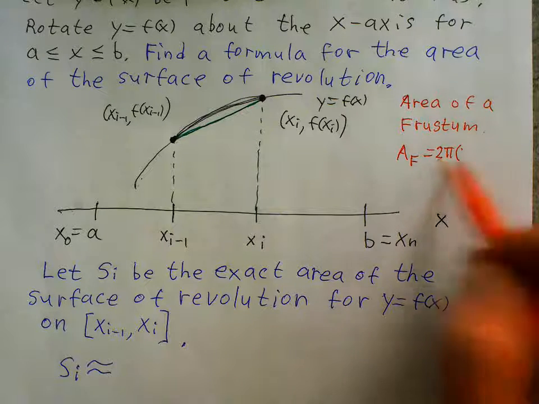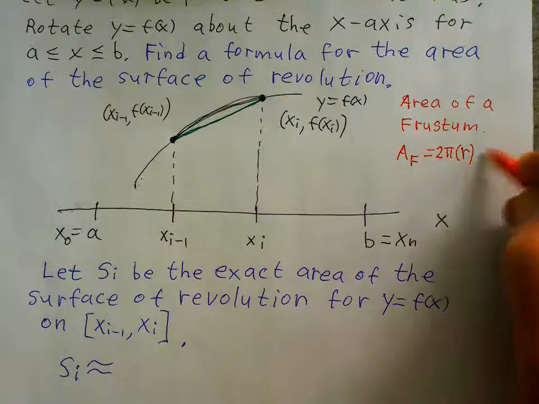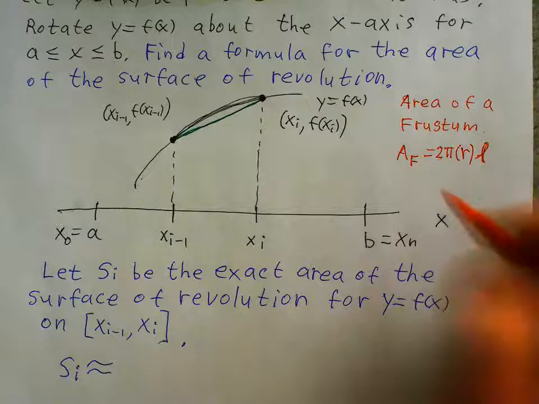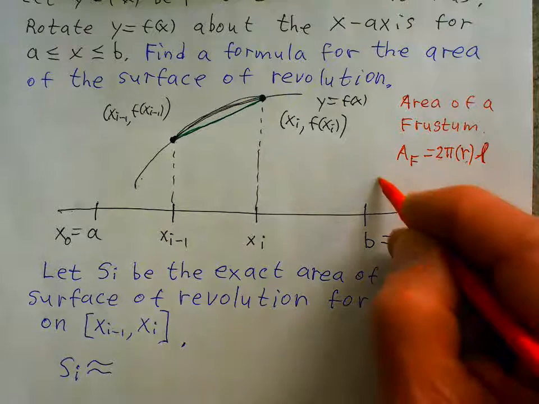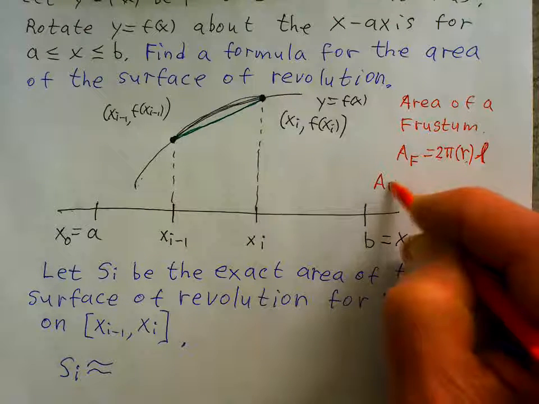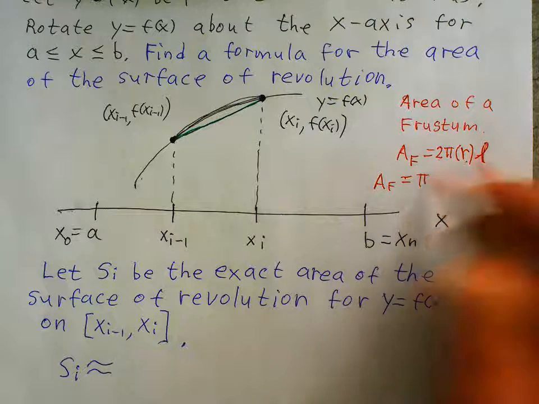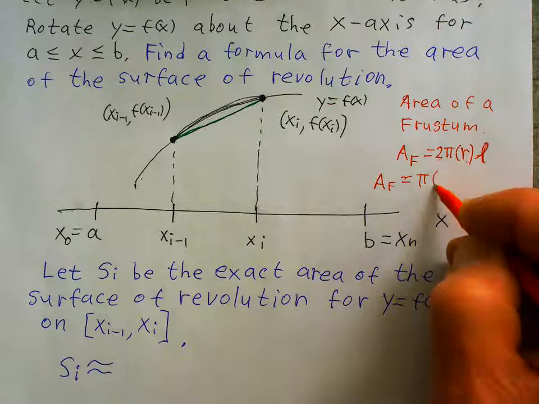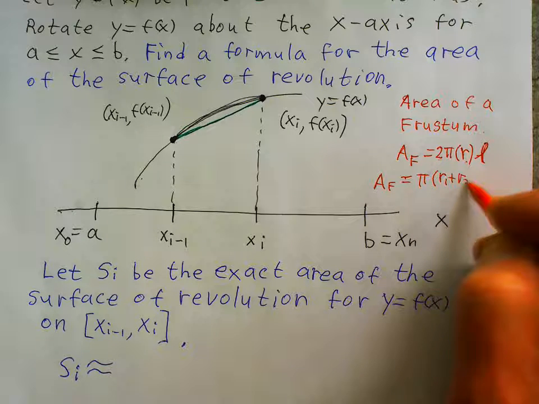Since I wrote 2 pi, I need to write r times L, where r is the average of the two radii, or equivalently, pi times the sum of the radii, r sub 1 plus r sub 2, times L.